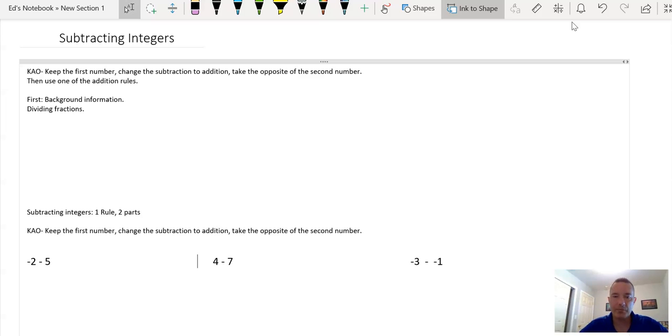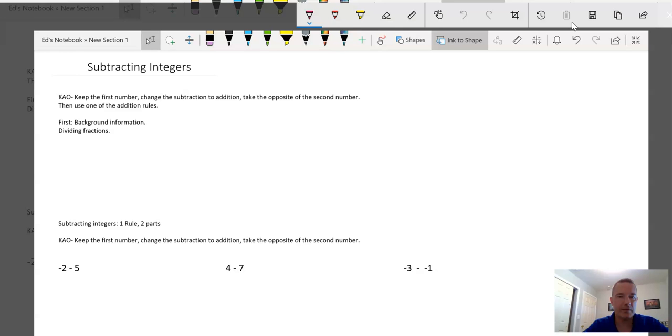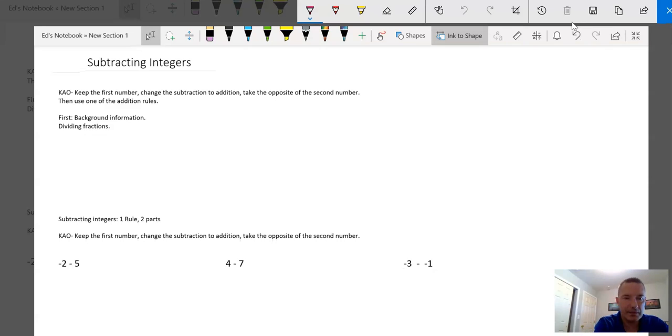So before we go over some practicing of that, let's give you some background information. You've done this a little bit when we did dividing a fraction. So let's think of an example of when we did dividing of fractions, and it looks something like this. We had 3/4 divided by, we'll say, 6/7.